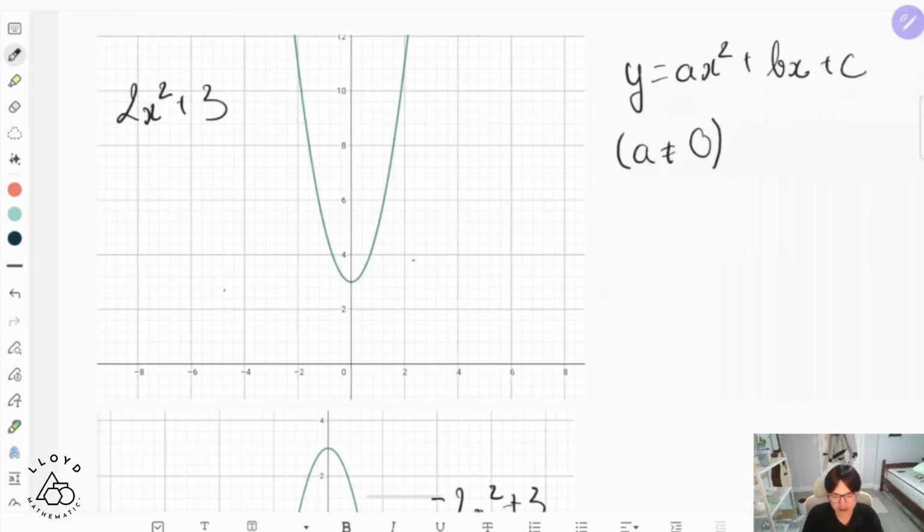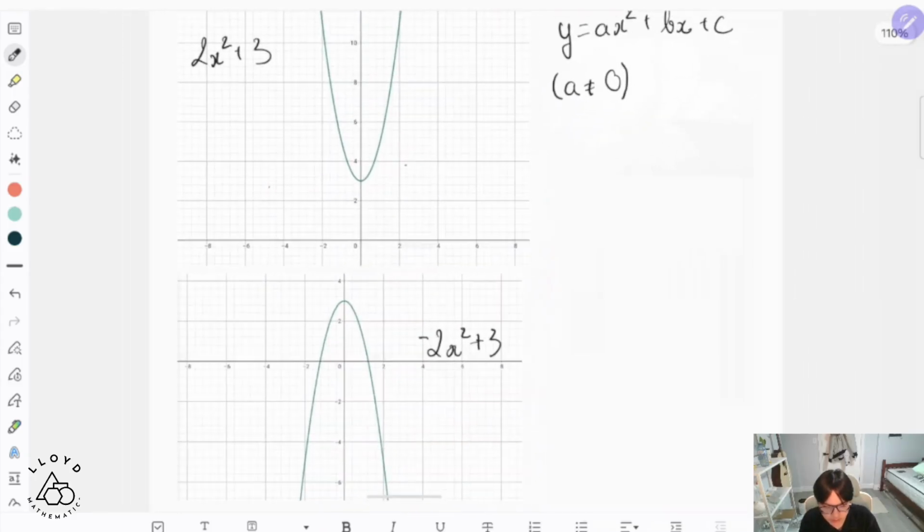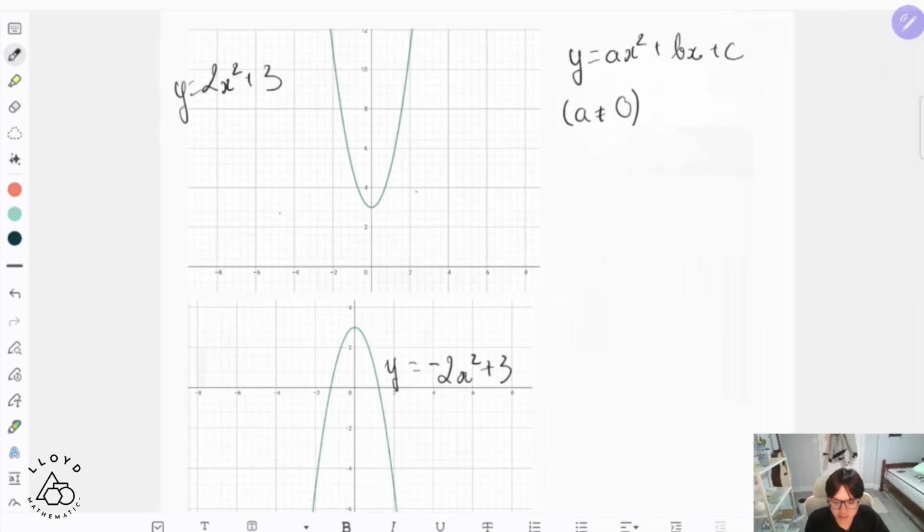In this, I have two pictures I want to show you guys. Here is y equals 2x squared plus 3, but here is minus 2x squared plus 3. Everything in the formula, b and c, of this graph is the same, but the a is a little bit different.